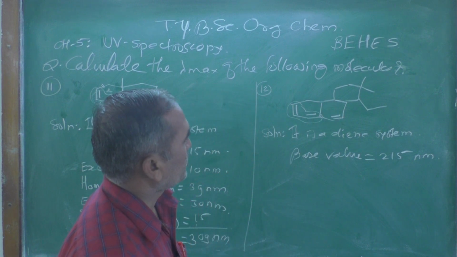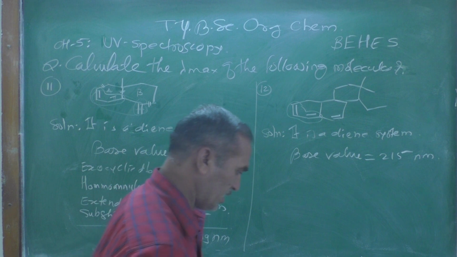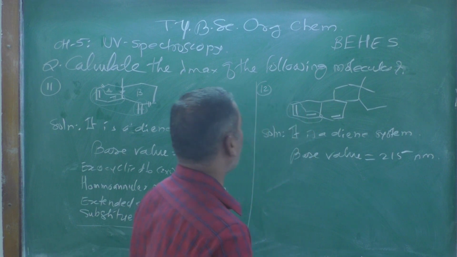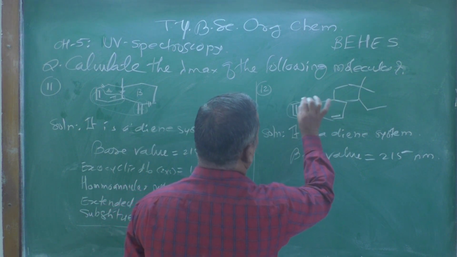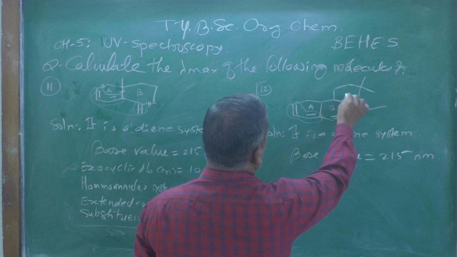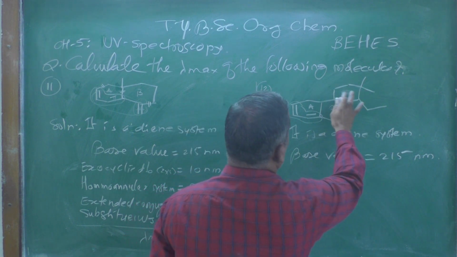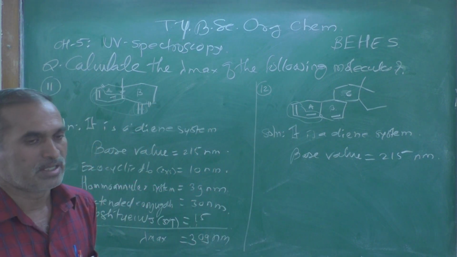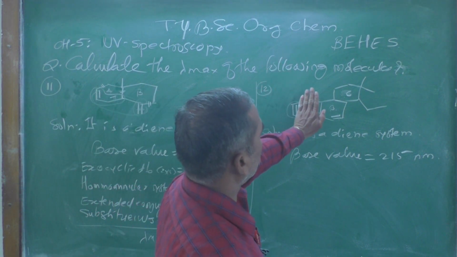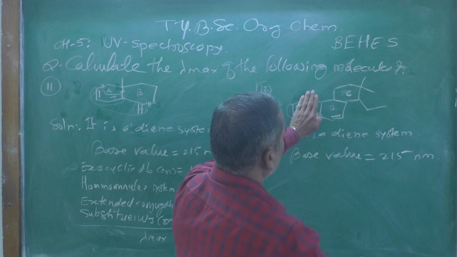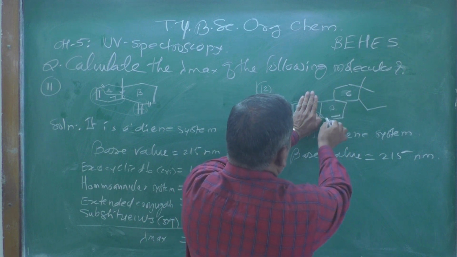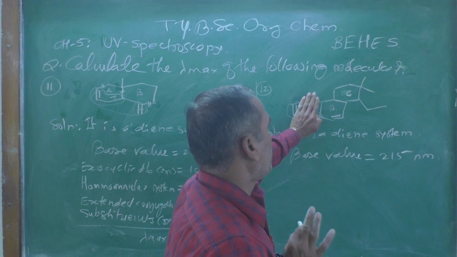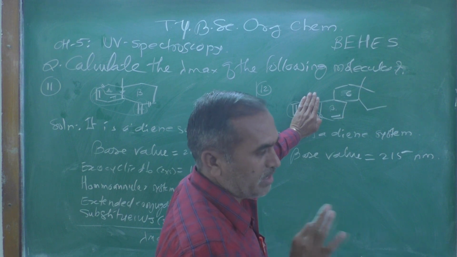Now E stands for exocyclic. If a ring is there, you must be aware of the exocyclic. Look here, label it A ring, this will be B ring and this will be C ring. Means there are three rings. We have labeled A, B, C. Now if you put your hand on A ring, what do you observe? These are the outside bonds, but there is no double bond outside, and therefore A ring does not have an exocyclic double bond.